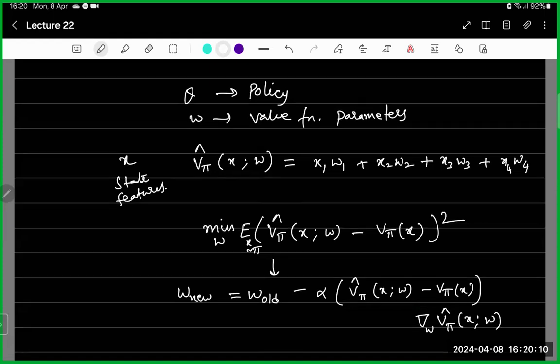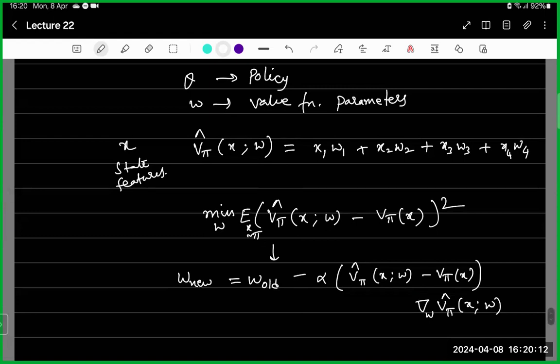Is this clear? You're just taking the derivative of that. There could be a two also, but you can absorb the two into the alpha because alpha is some arbitrary constant. Is this clear?